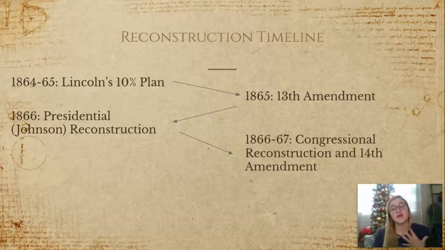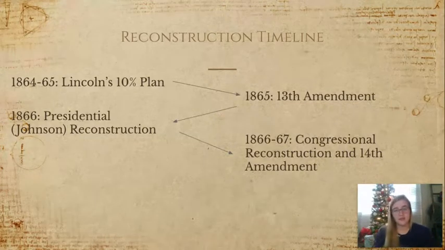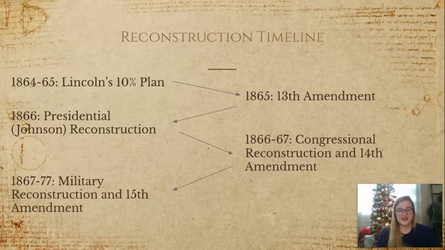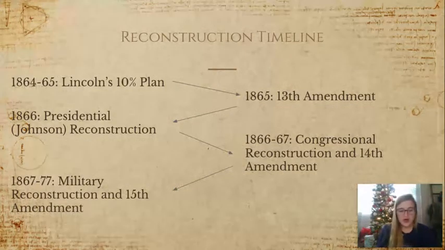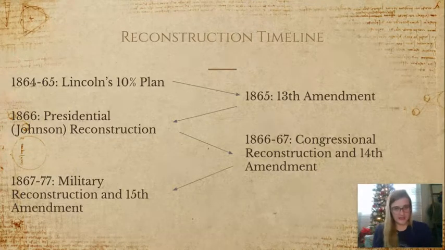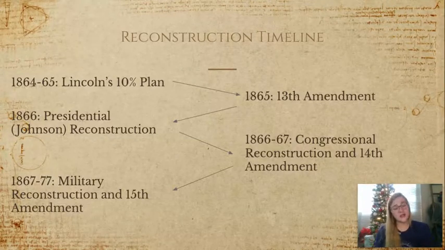And so we go into a period of congressional Reconstruction. And the 14th Amendment is passed, which gives African Americans the right to citizenship. And finally, the last part is when a coalition of very radical Republicans takes over Congress in both houses, and they pass what they call military Reconstruction, and also the 15th Amendment, which gives African American men the right to vote.